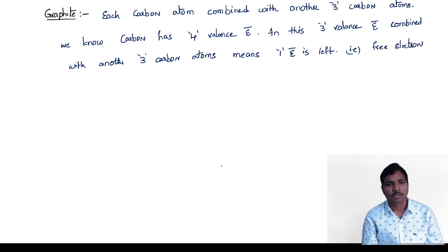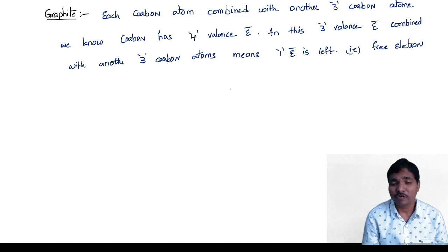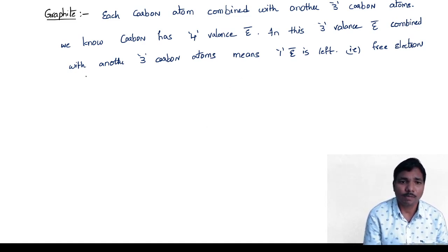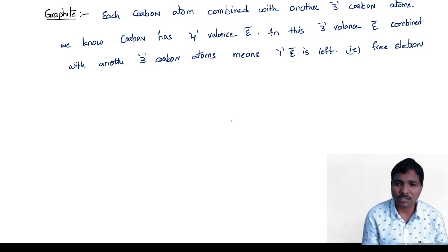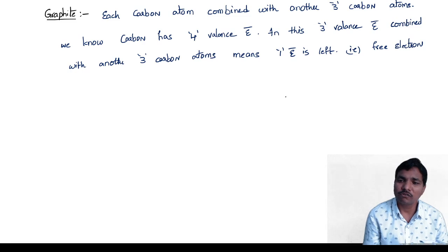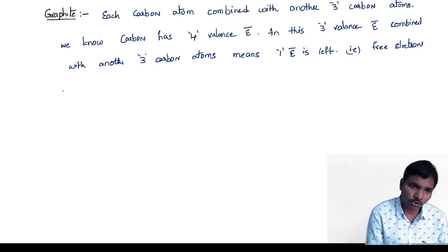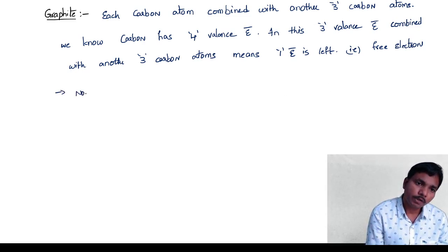Okay, so we know that carbon has 4 valence electrons. In these, 3 valence electrons are combined with another 3 carbon atoms. That means 1 electron is left, that is called a free electron. So the number of free electrons in graphite is equal to 1.